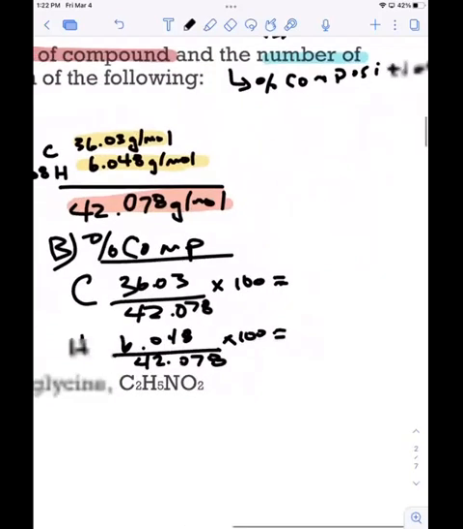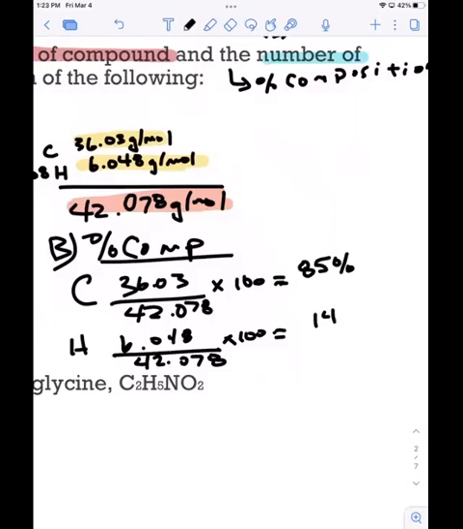0.85, so 85%. And then the bottom one is what? It's got to be 14 point something. It's 14.3. And the top was 85.7, something like that.